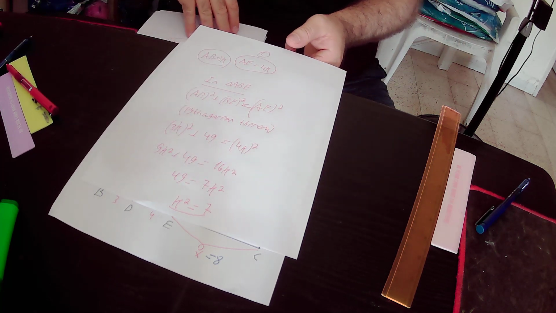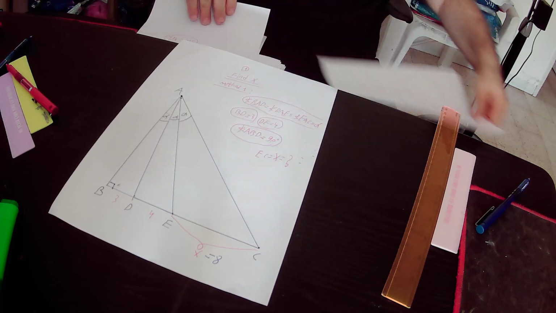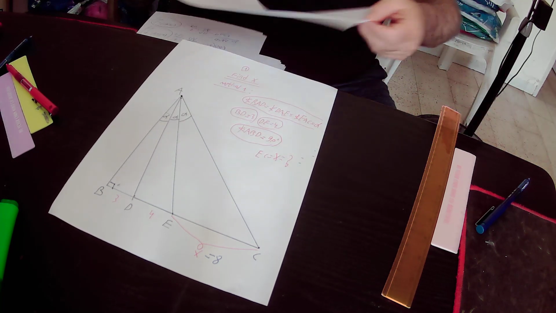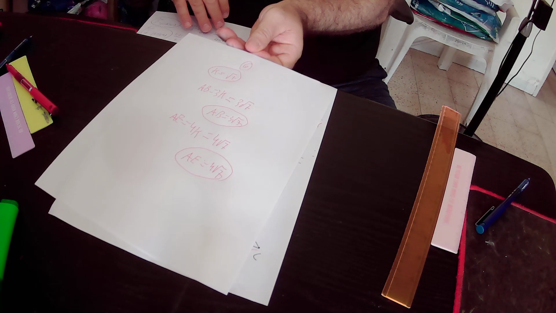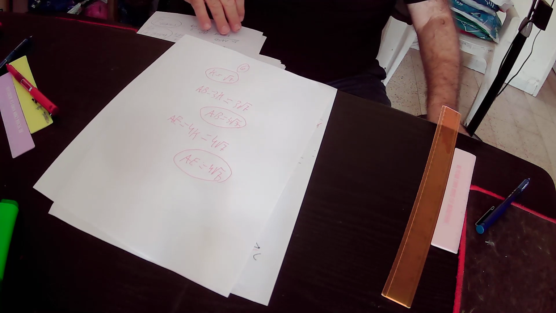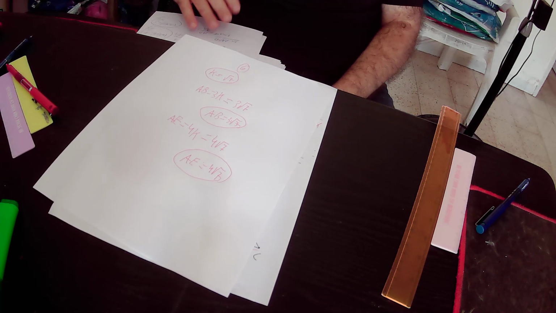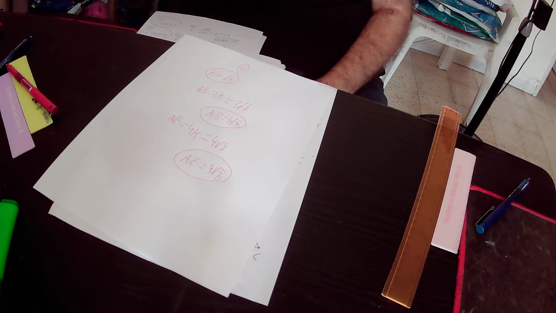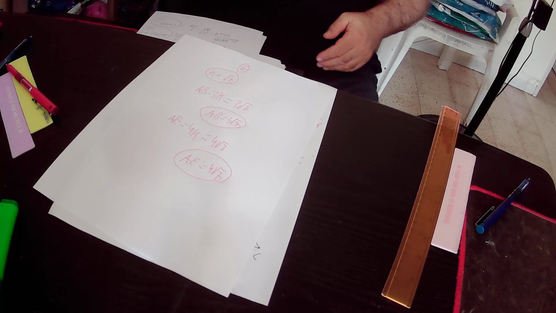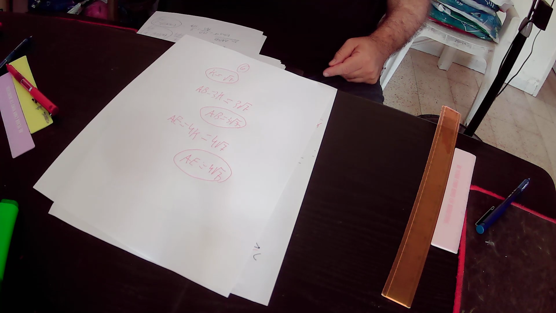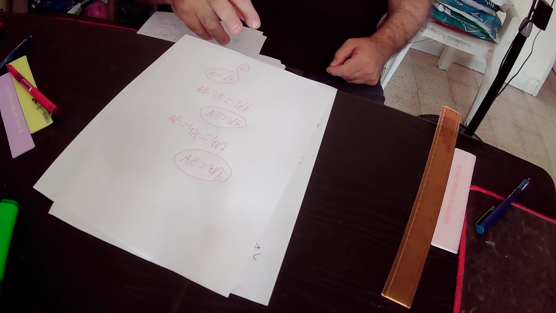Then we took a root out of this equality, and we found that K equals the positive root of 7, because K is the side of the triangle. It can never be negative, so it is only the positive root of 7.